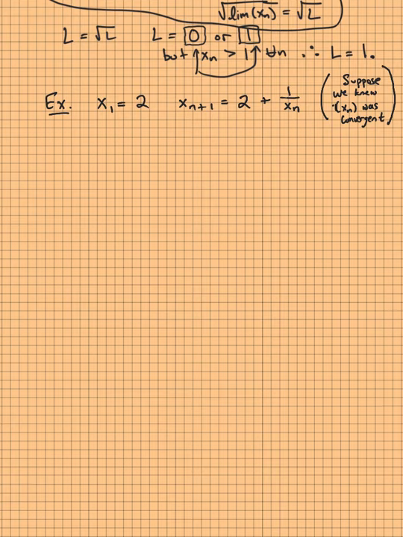So then I can again do this trick where L is going to be my limit of the xn's. And again, we know that this is equal to the limit of the xn plus 1's, which is just equal to the limit as n goes to infinity of 2 plus 1 over xn.